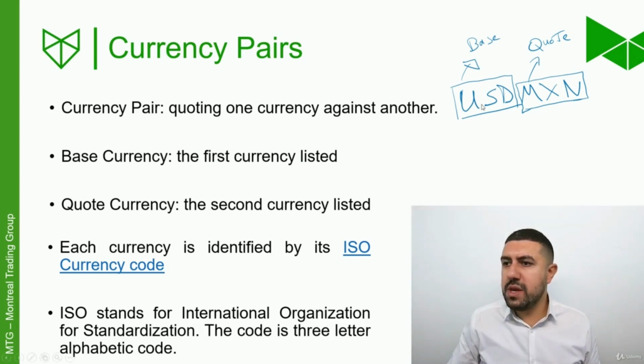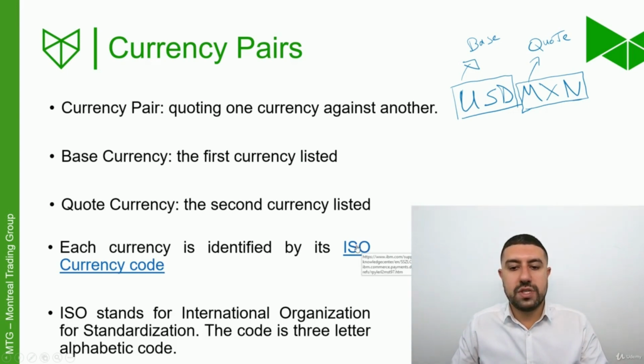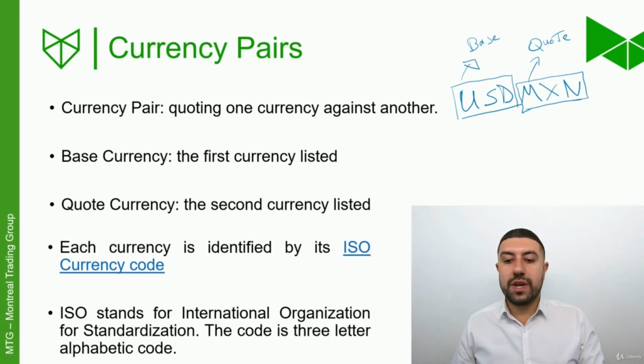Now, the way we write these currencies, why didn't we just write US? Or why didn't we just write peso? Why did we write this? Because each currency is identified by its ISO currency code. ISO stands for International Organization for Standardization.